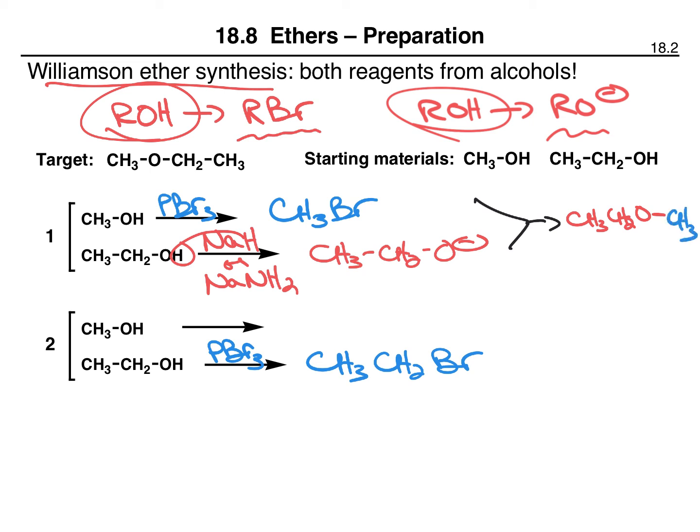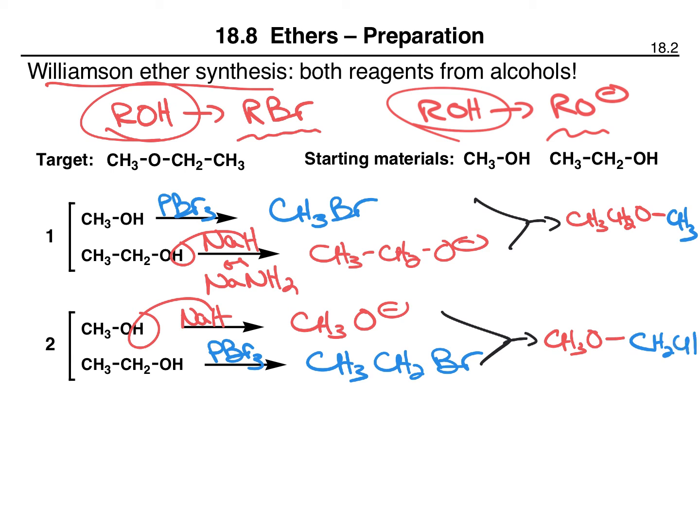If we go the other direction, same thing here using sodium hydride, for example, then this will generate methoxide. And now when these reagents are combined together, the methoxide will become connected to the carbon that used to be connected to the leaving group.